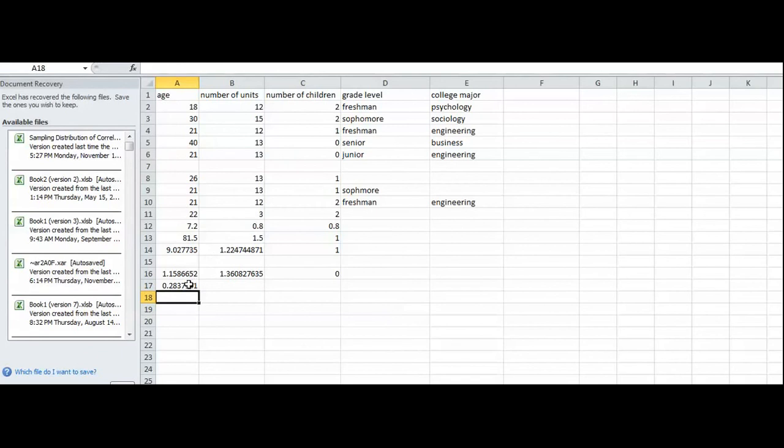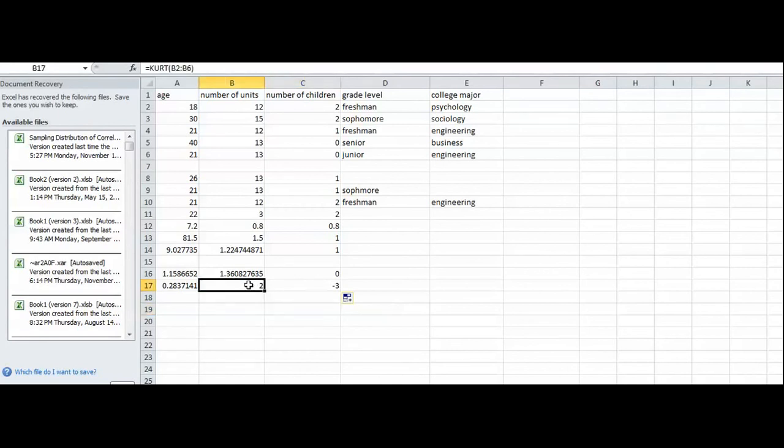So it's actually, well, it's close to 0. It's actually slightly positive for the age column. Number of units actually has a high positive kurtosis, and number of children has a pretty low negative kurtosis.